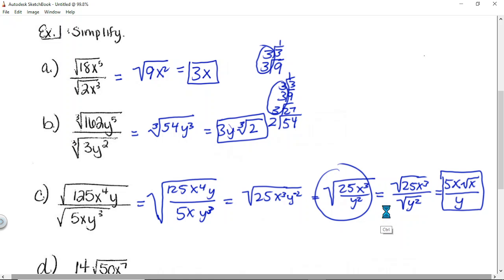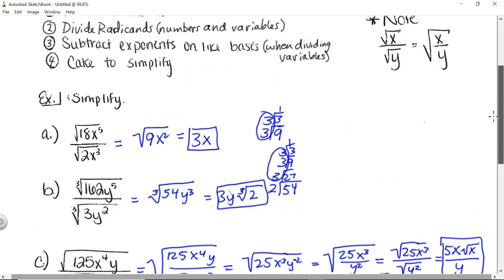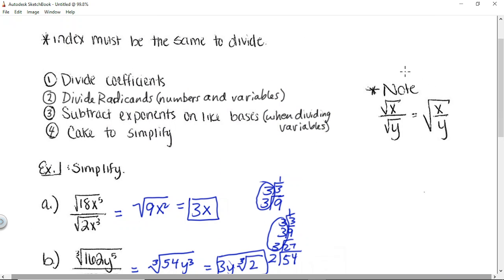But we could have gone straight from this to that, because we know the negative exponent means it goes in the denominator, and once it's in the denominator, sure, it can split into two radicals. Again, that's because of this property of radicals. You can start with this one and go to this one where you split it up, or you could start with this one where you have the quotient of radicals and then rewrite it as that, whichever is the handiest to accomplish what you're trying to do.